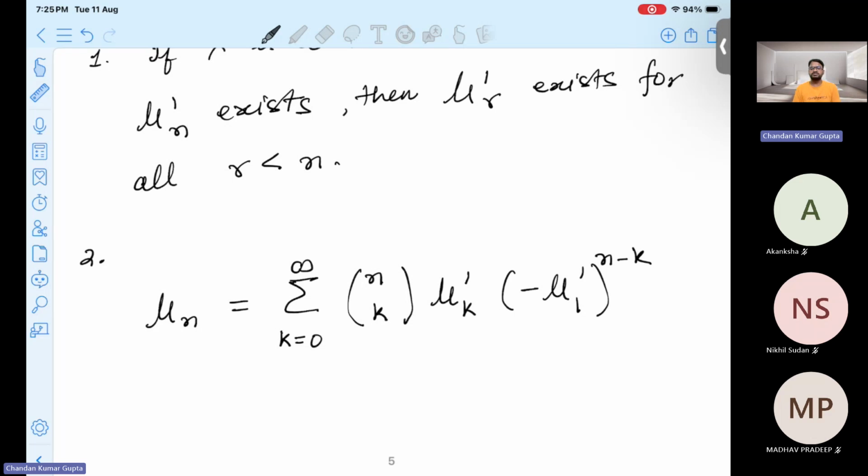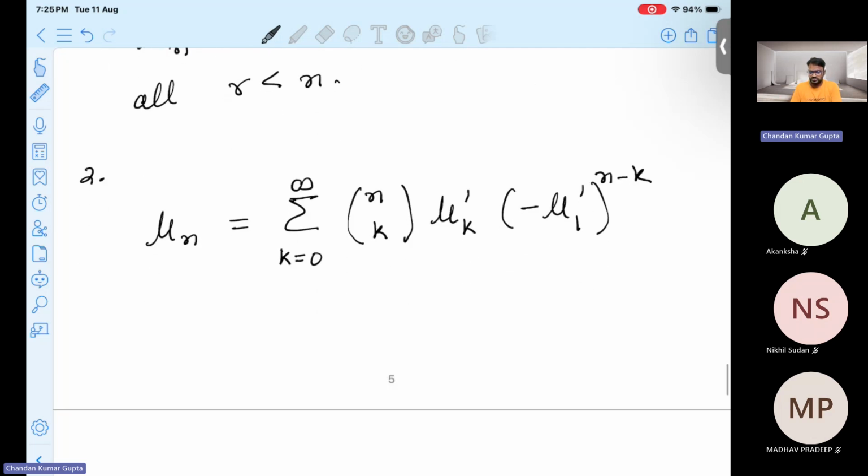So this is the relationship between the non-central and central moments, that is mu n and mu k dash. This formula can be derived from the binomial expansion of, suppose, (a plus b) to the power n.